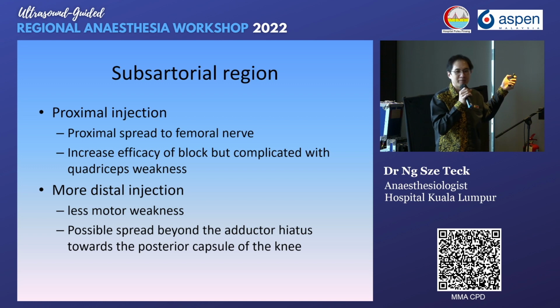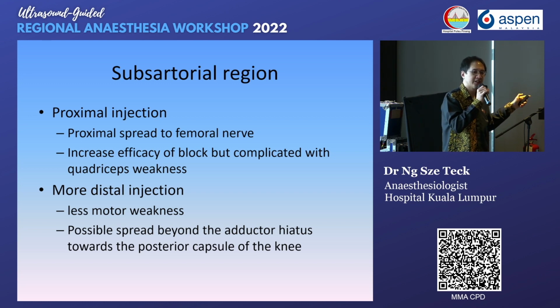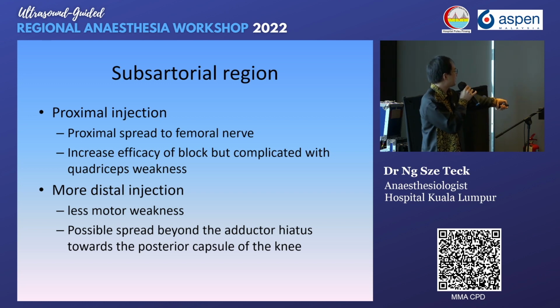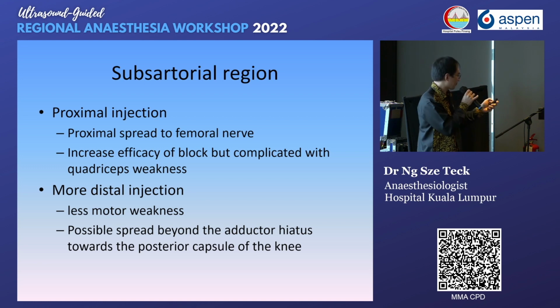At the hiatus, at the end of the adductor canal, the femoral artery moves posteriorly to become the popliteal artery. If you inject distally, the LA might follow this path to the posterior part of the knee and innervate the posterior capsule, which might be beneficial for patients undergoing total knee replacement, some of whom have posterior knee pain.